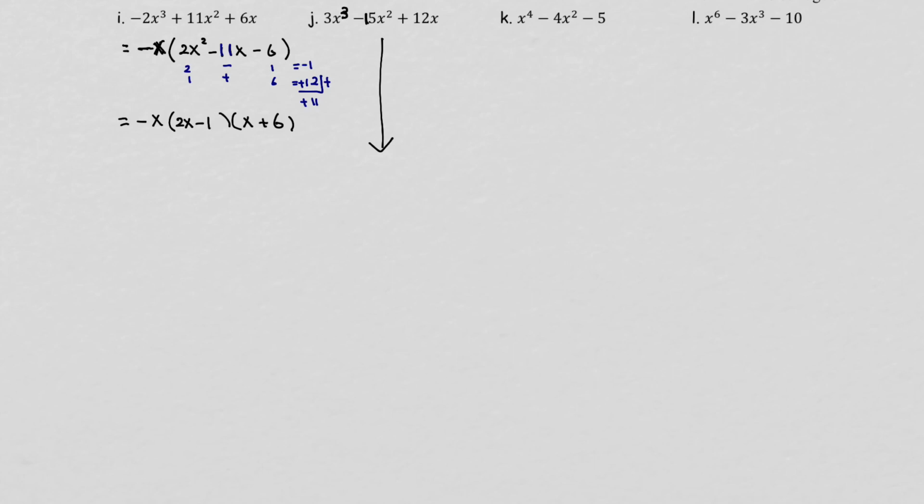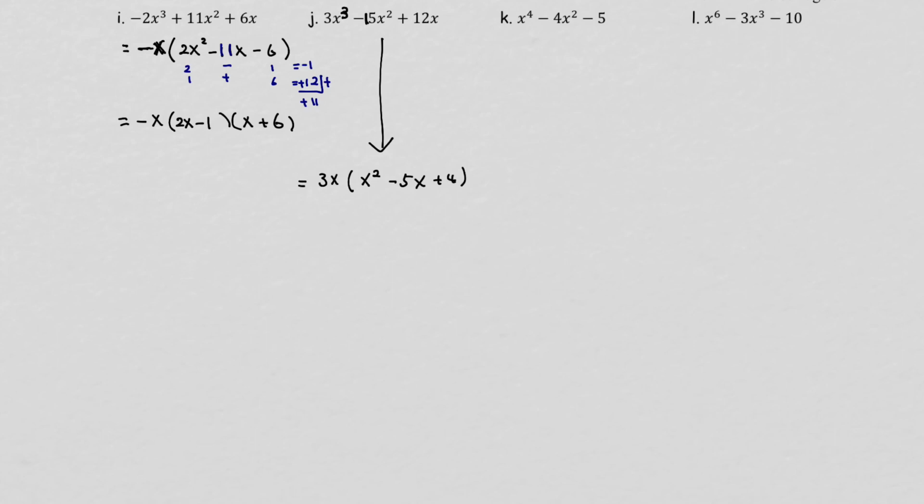So I'm changing the problem. We have 3x cubed minus 15x squared plus 12x. The common factor is going to be the greatest common factor, 3x. When you factor 3x out, you get x squared minus 5x plus 4 remaining.